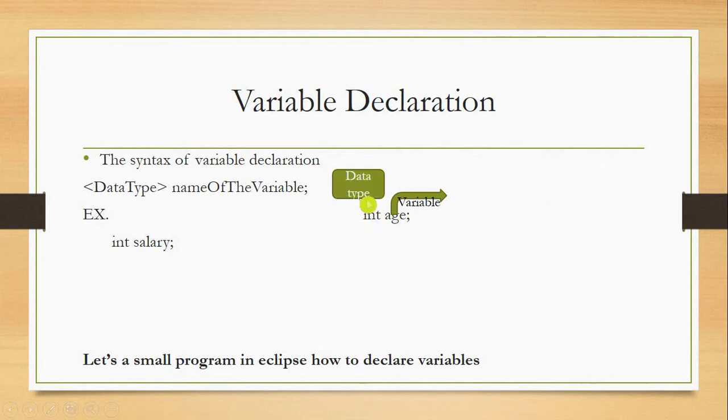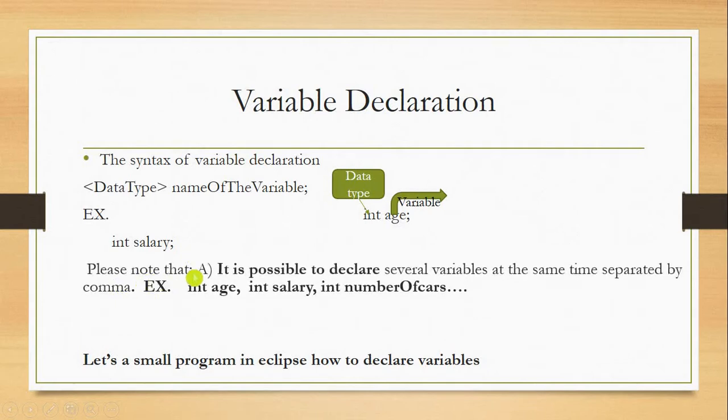Int is our data type, age is our variable, and semicolon. Let's see another example. Int salary, semicolon. Int is our data type, and salary is the name of the variable, and semicolon.